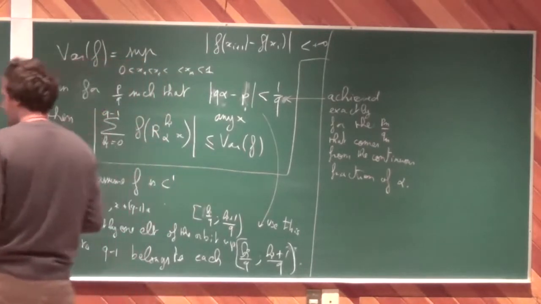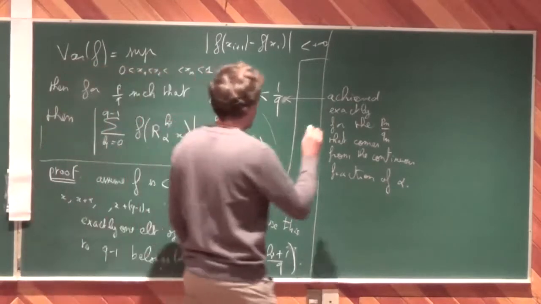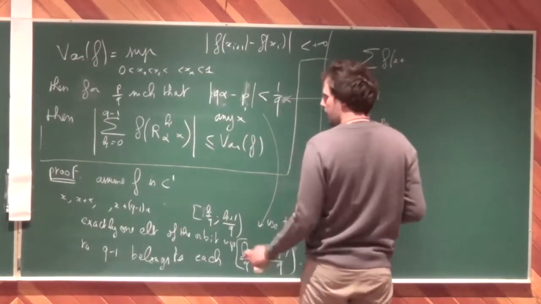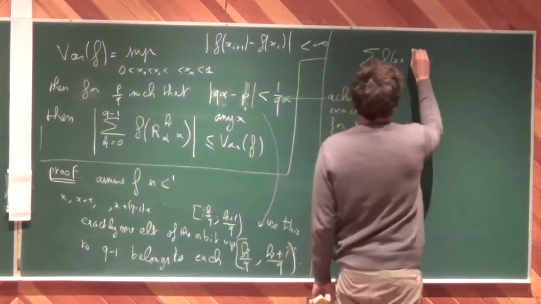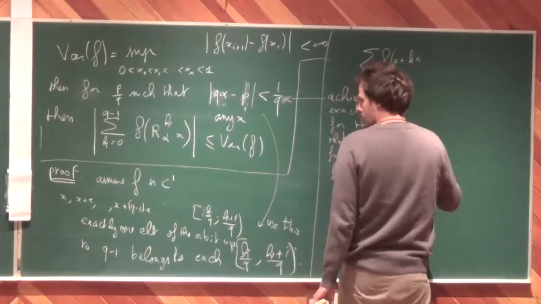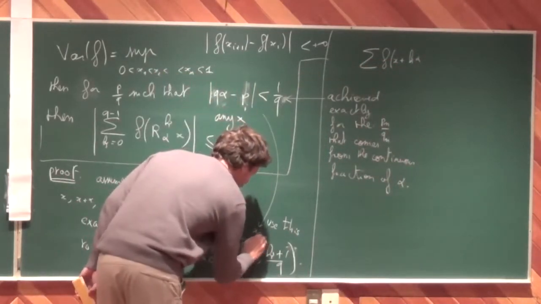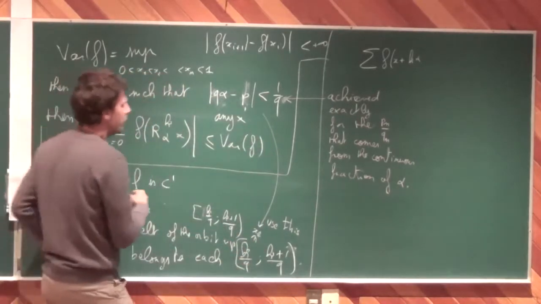And then once you have it, just move everything up. You write what is the sum. The integral is zero mean, so we can subtract it. Let's call x_k the member of the orbit which belongs to that interval.